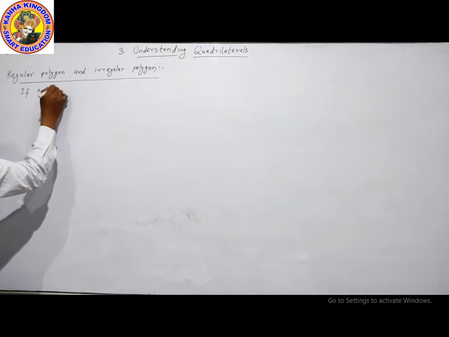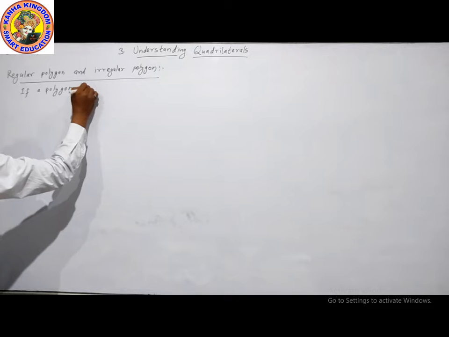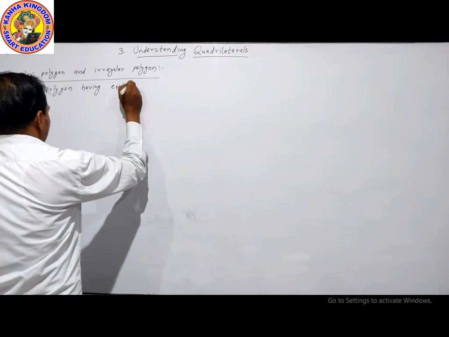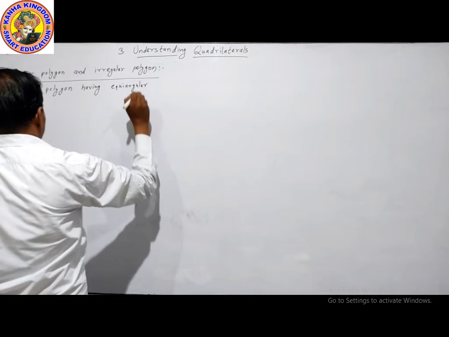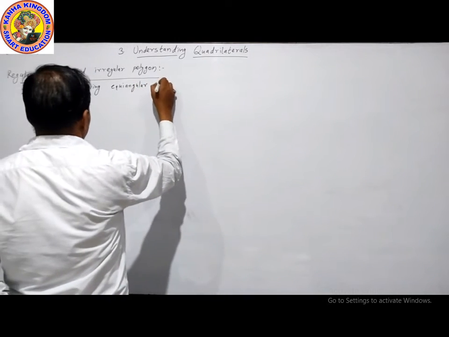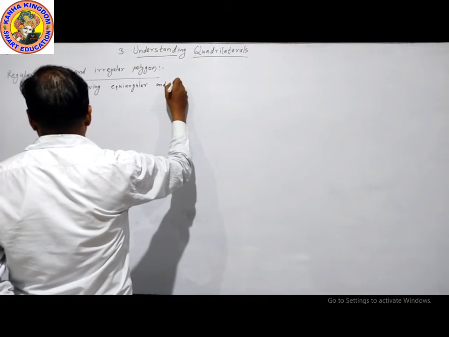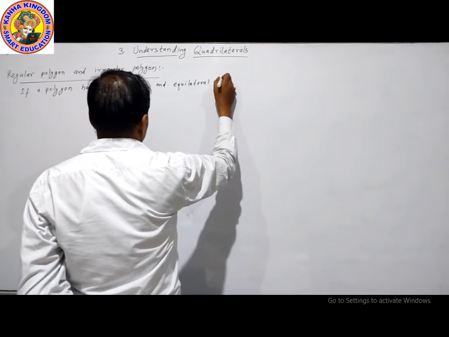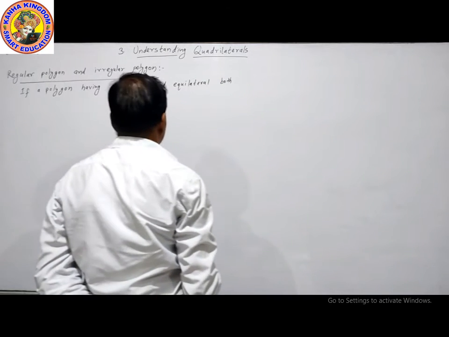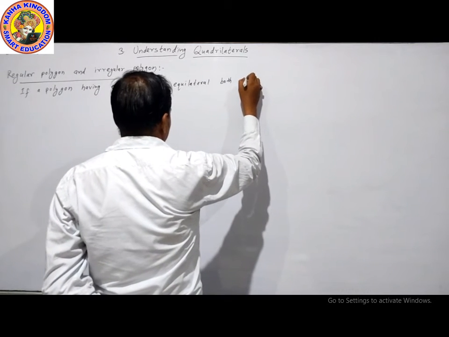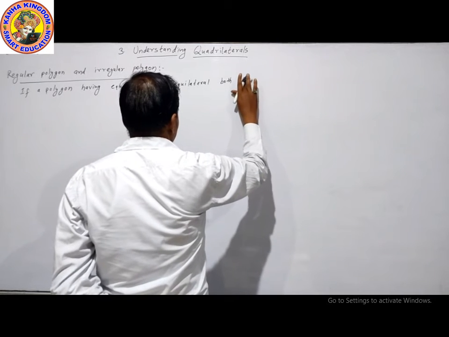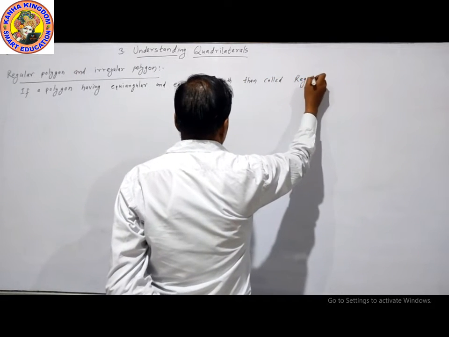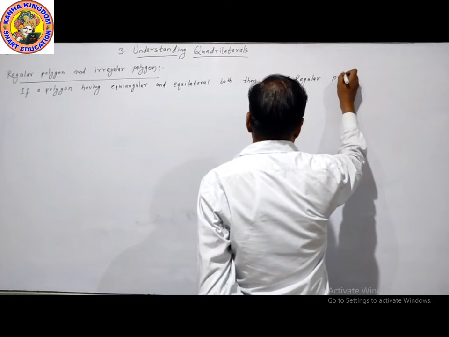If a polygon is having equiangular and equilateral both, then it is called a regular polygon.